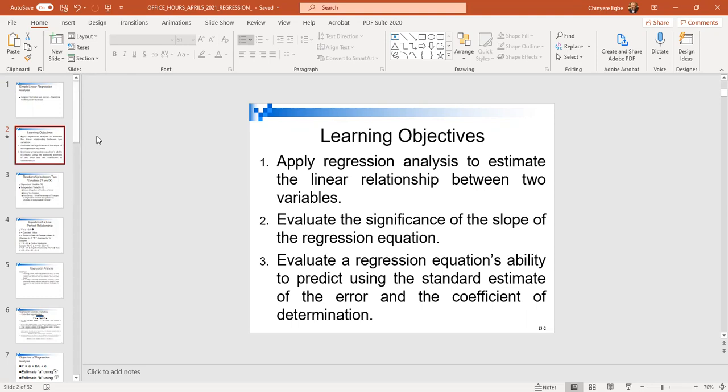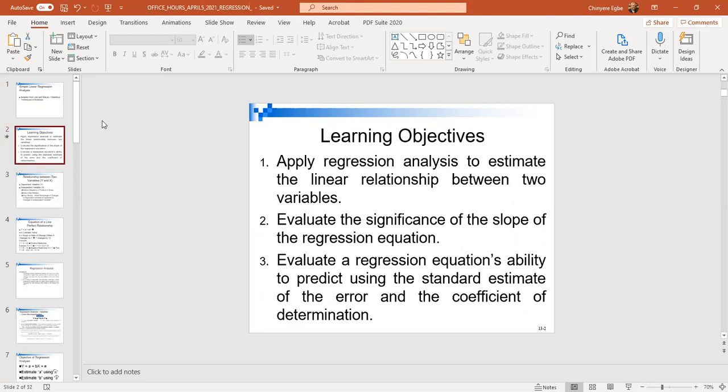Now, when you're doing regression analysis, you are looking at two variables. One variable is called a dependent variable, and the other is called an independent variable. The whole idea is that the values of one variable depend on the values of the other variable.